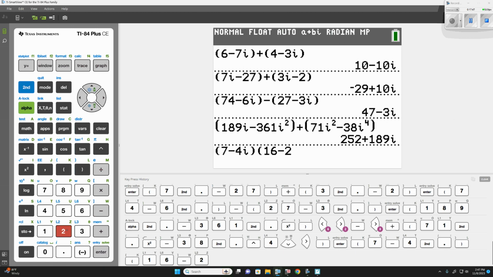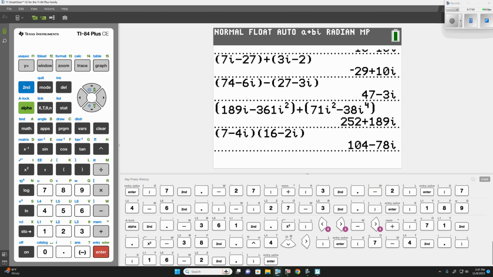Almost. Multiplication. We can type it in.